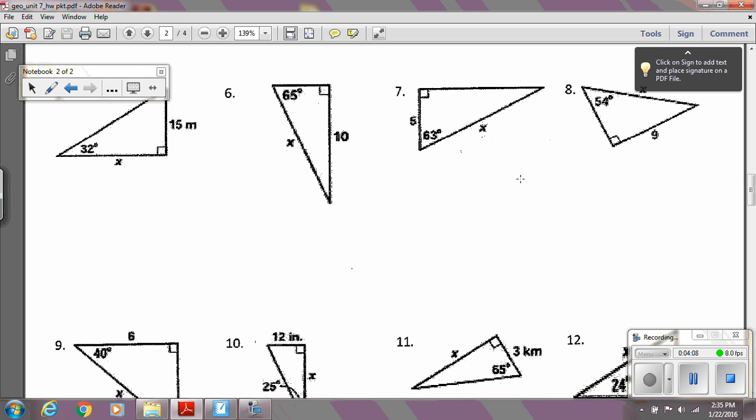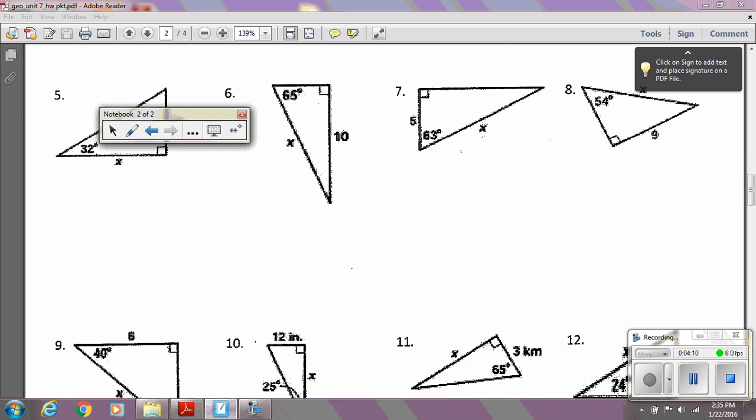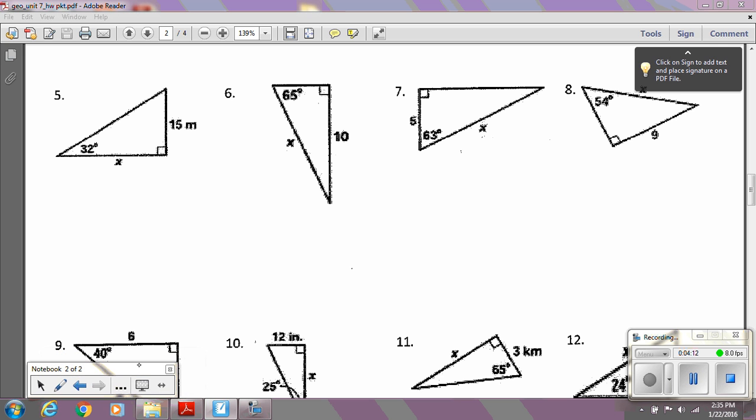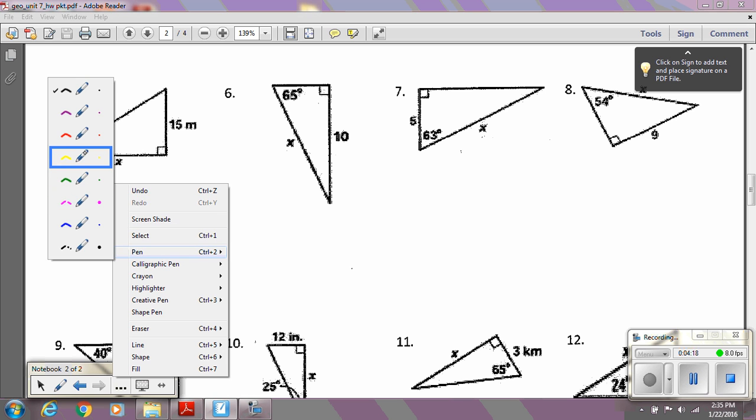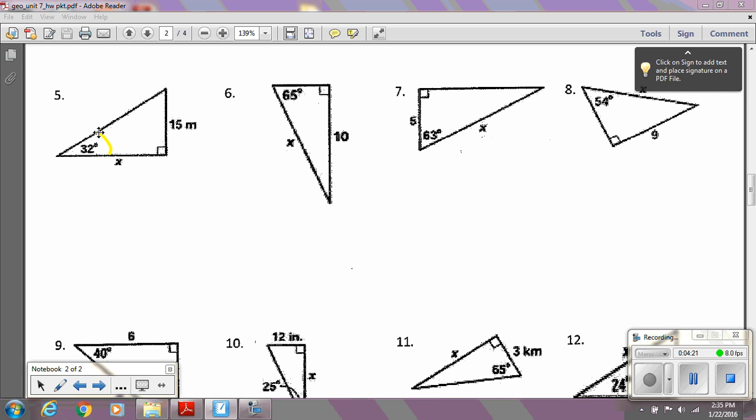All right, number 5. My reference angle is 32, and I have the opposite side and the adjacent side. So that means I can use tangent.